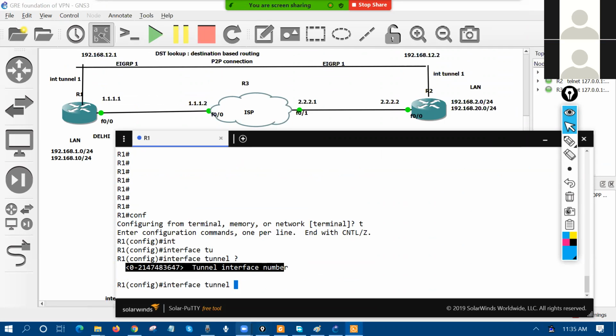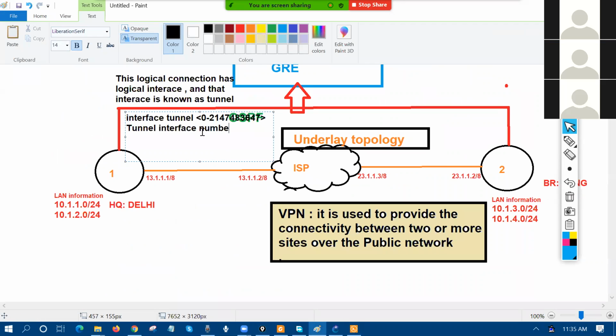You can take any number from this range, and it's locally significant.